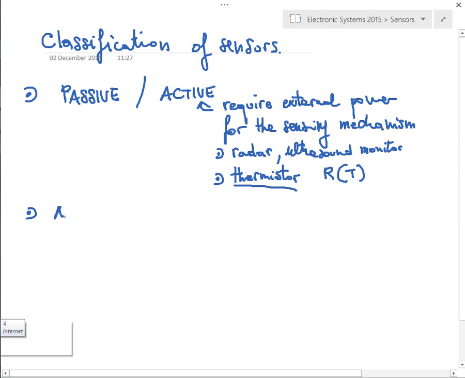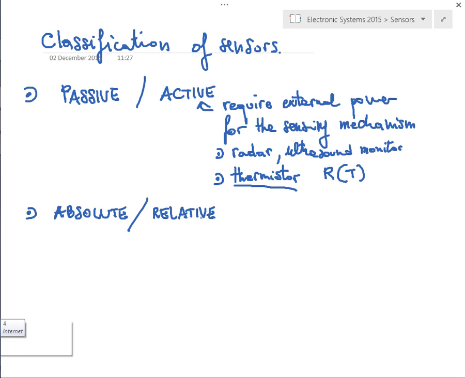Okay. Then we have absolute or relative sensors. This is a significant distinction. So we can have some sensor that can provide the measurement of a quantity with respect to, let's say, a fixed, absolute scale.